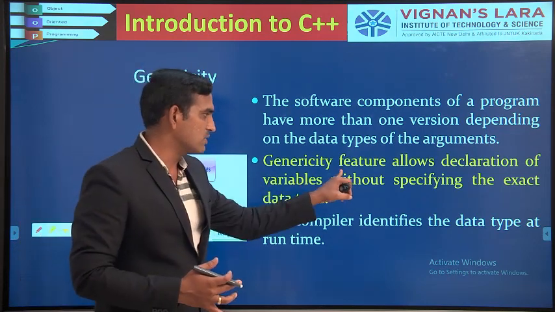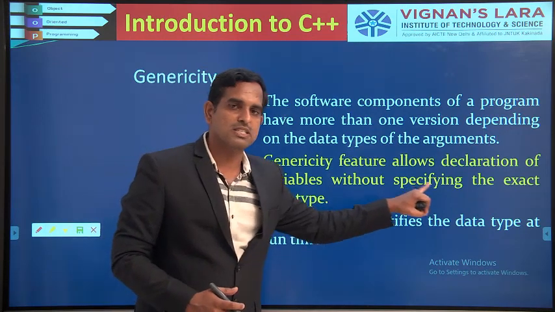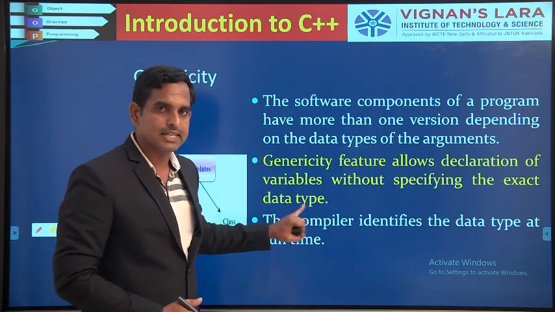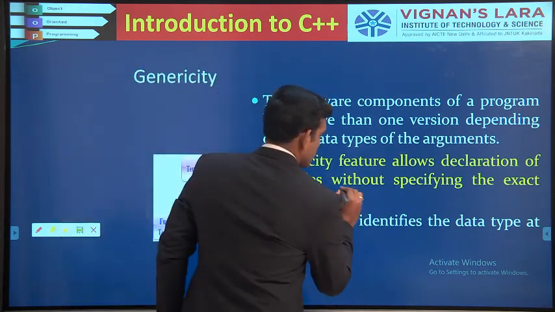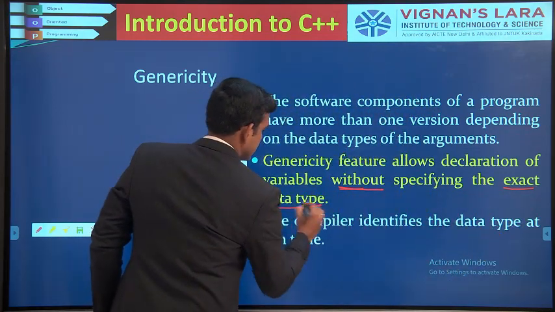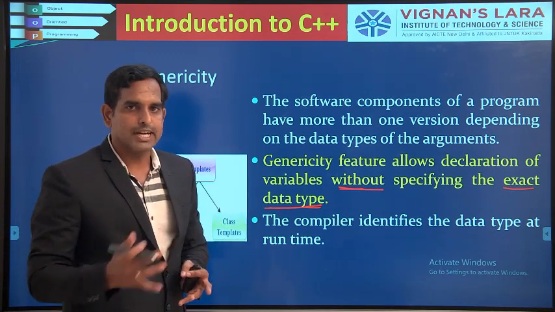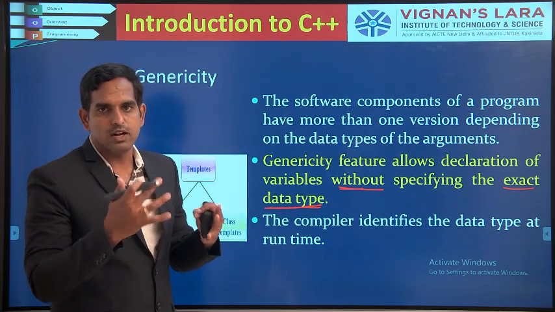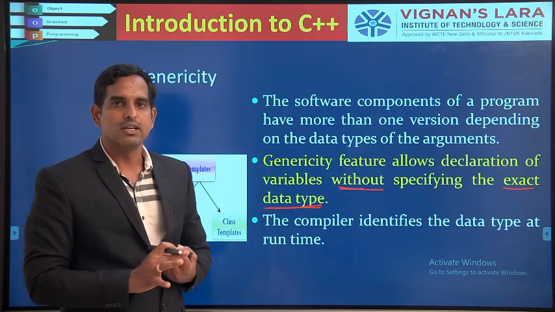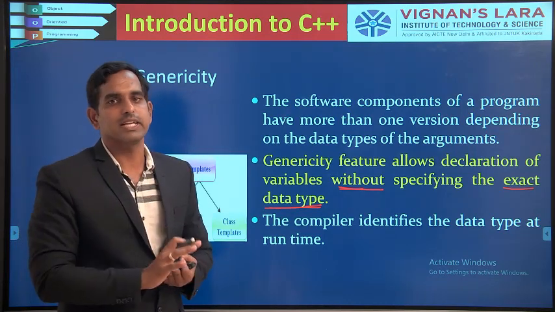So the genericity feature allows declaration of variables without specifying the exact data type. You will remember, without specifying the exact data type. Basically, the genericity feature provides that you can write a program which is not related to one data type. Whatever program you write will work on any data type.